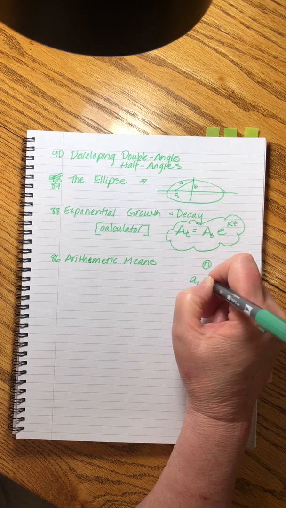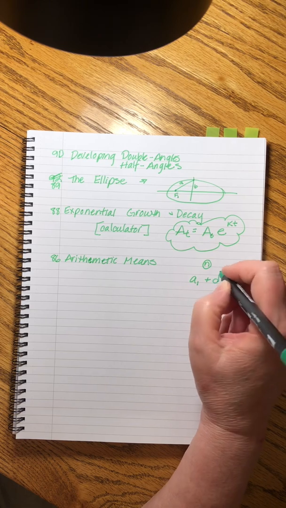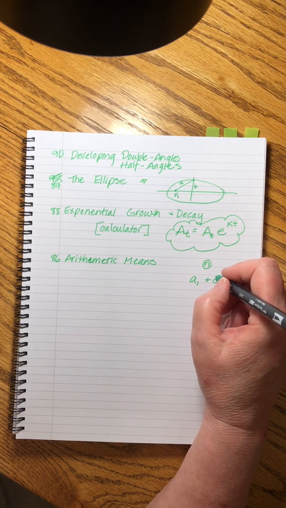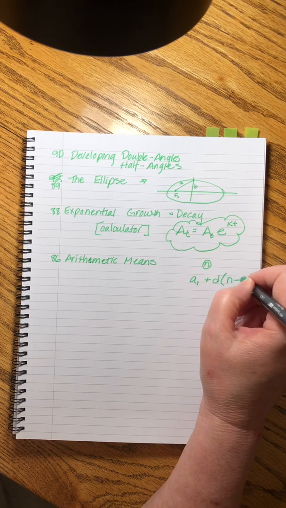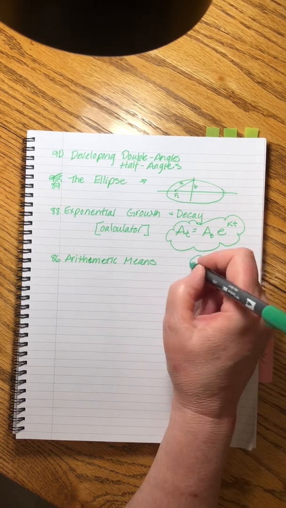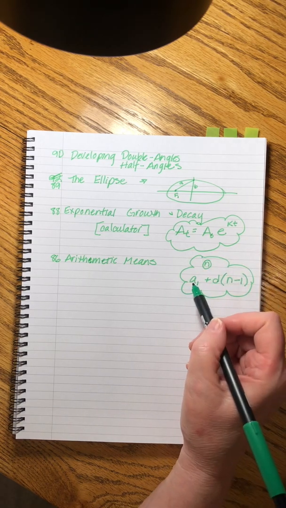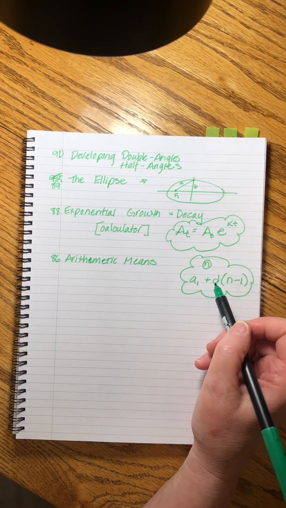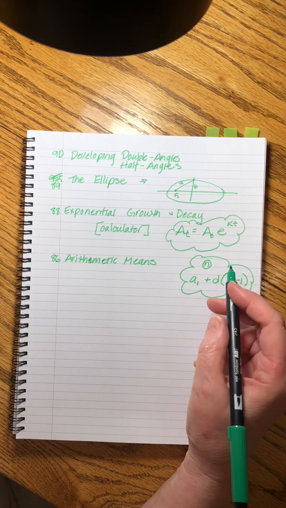We take the initial value plus what we call the common difference multiplied by n minus 1, right? That's the formula we can use to find any of them. A sub 1 is the original amount, d is the common difference.